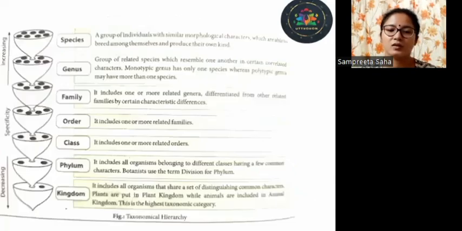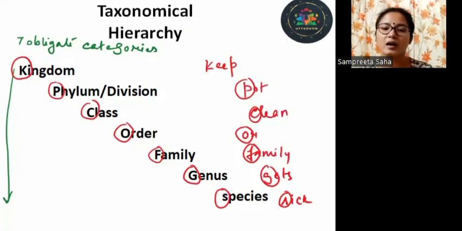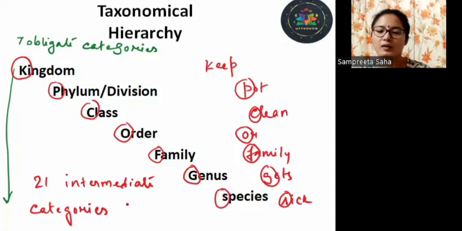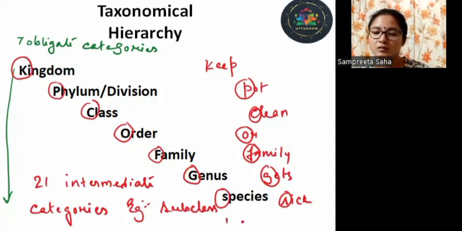Now let us talk a little bit about each of the 7 obligatory levels. And another thing, students, you need to remember, there are about 21 intermediate categories, for example subclass, subfamily.